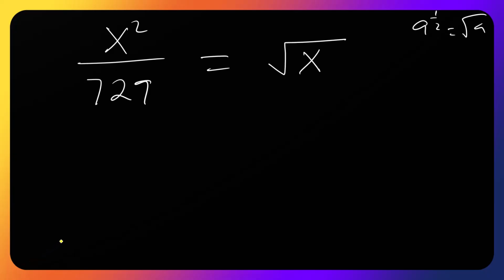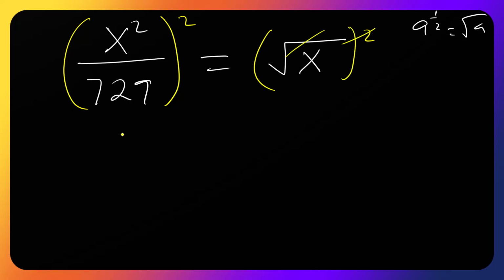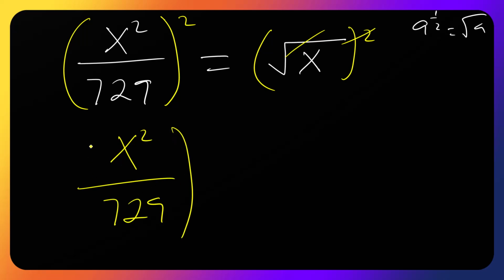So we have this information. Now from here we can square this one again, so this side I will leave as x squared over 729, all squared equals x.